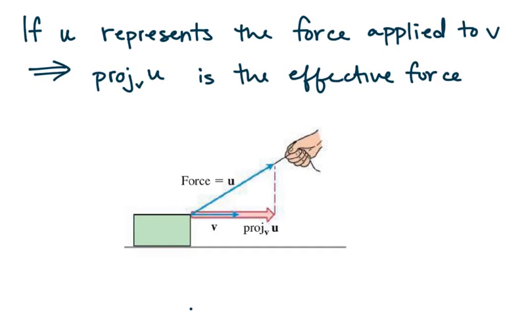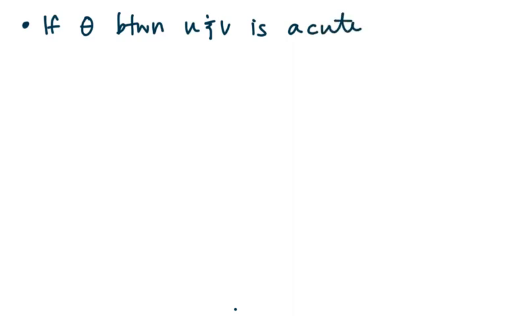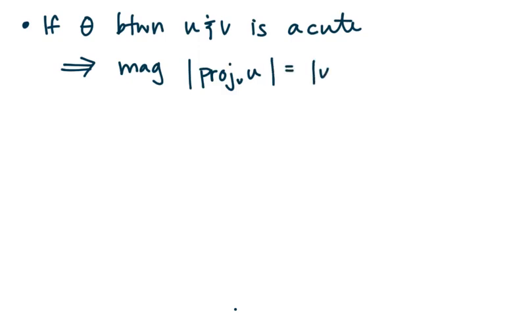And to reiterate what I briefly said on the last screen, if theta, the angle between u and v, is acute, then my magnitude of the projection of u onto v is the magnitude of u times cosine theta in a direction of v divided by the magnitude of v.